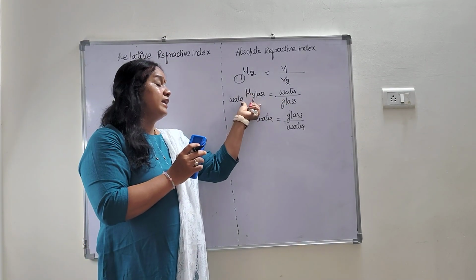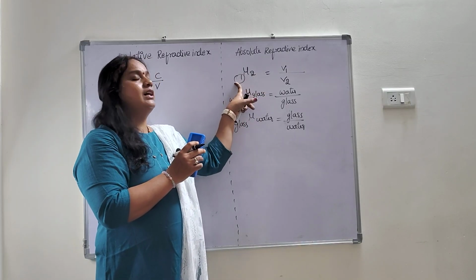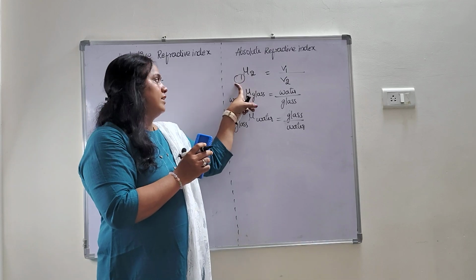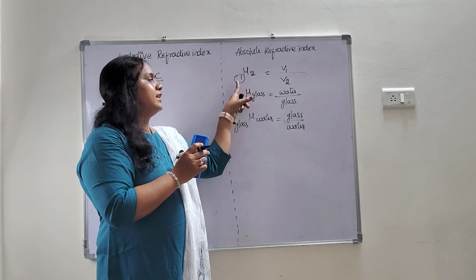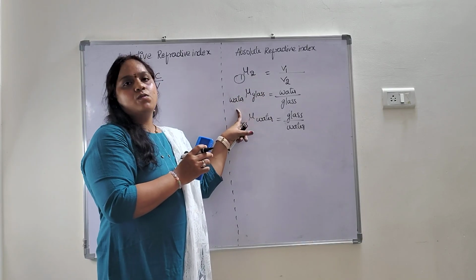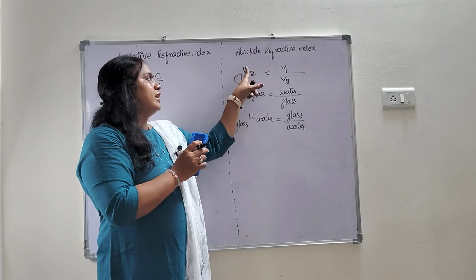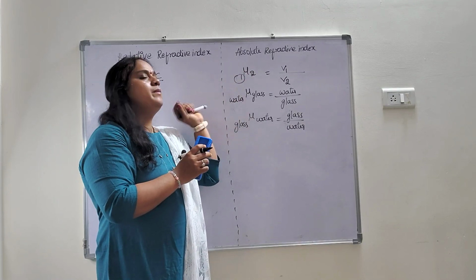But whenever you are writing the refractive index terms, first you'll write the second medium and next you'll write the refractive index of medium 1. So, refractive index of glass with respect to water, refractive index of water with respect to glass, refractive index of medium 2 with respect to medium 1.